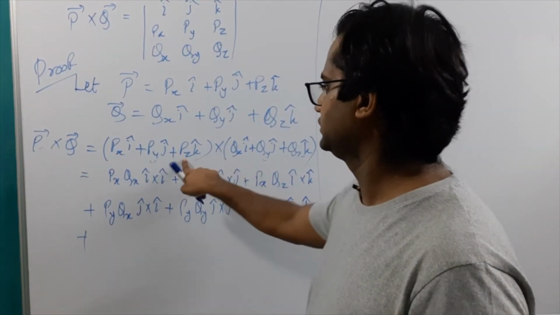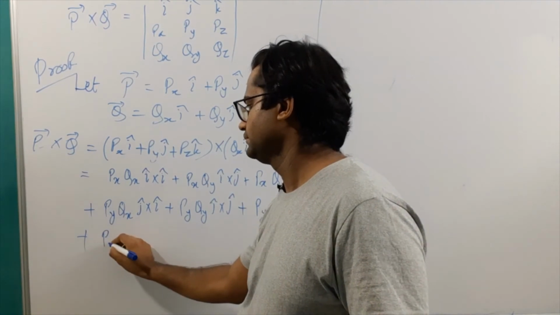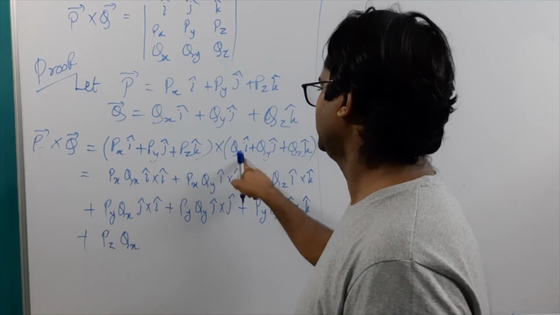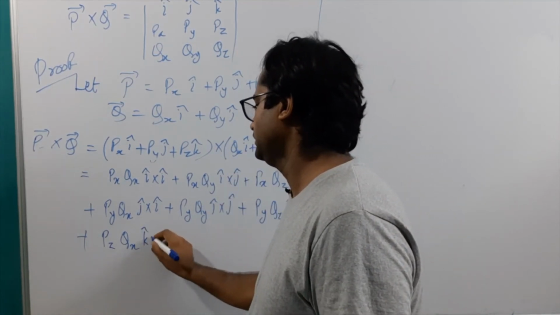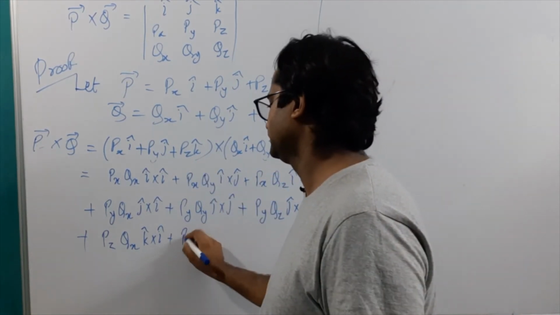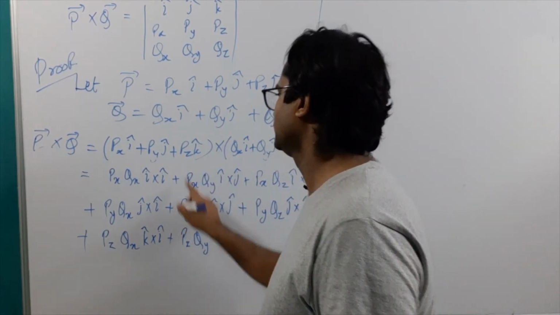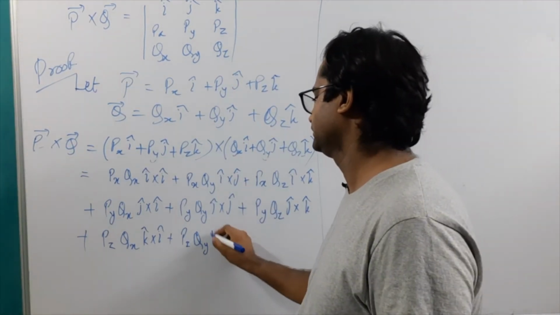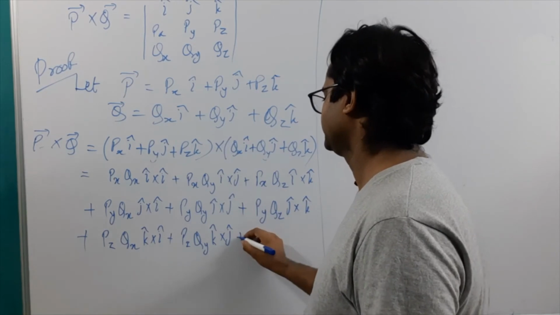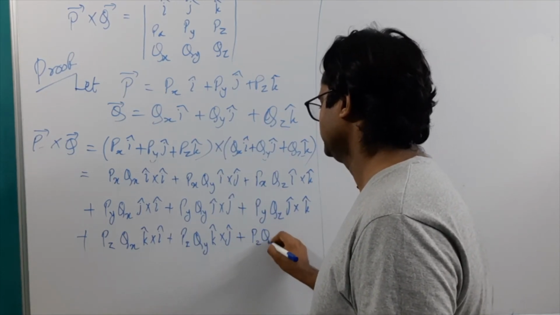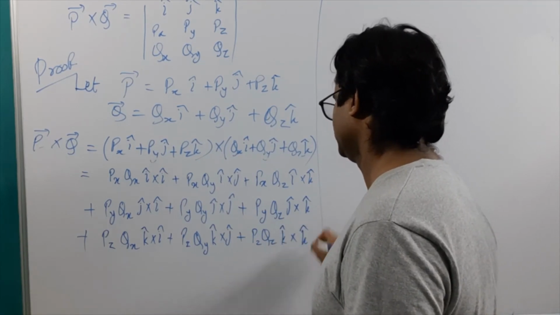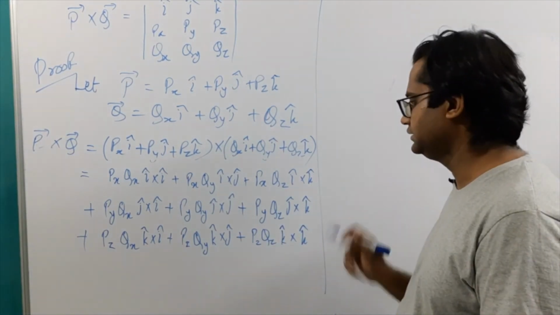Third term into first: pz qx k cross i, plus pz qy k cross j, plus pz qz k cross k. Okay, this is how we will write the product.